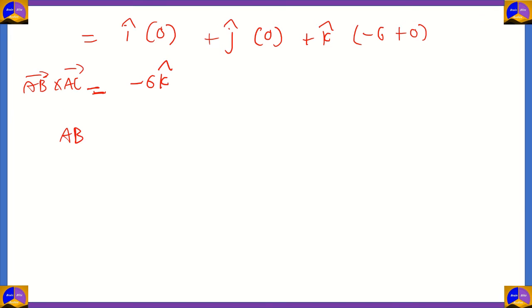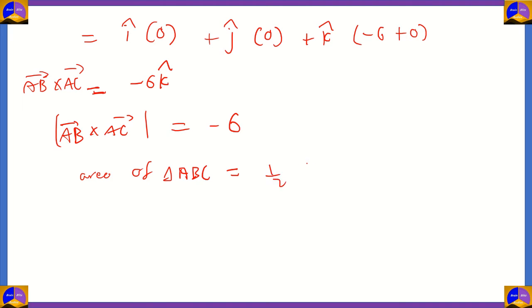So if you want to find the magnitude of that vector, then the magnitude of that vector is just plain old 6. Then the area of triangle ABC is equal to half times the modulus of the cross product, vector AB cross vector AC.